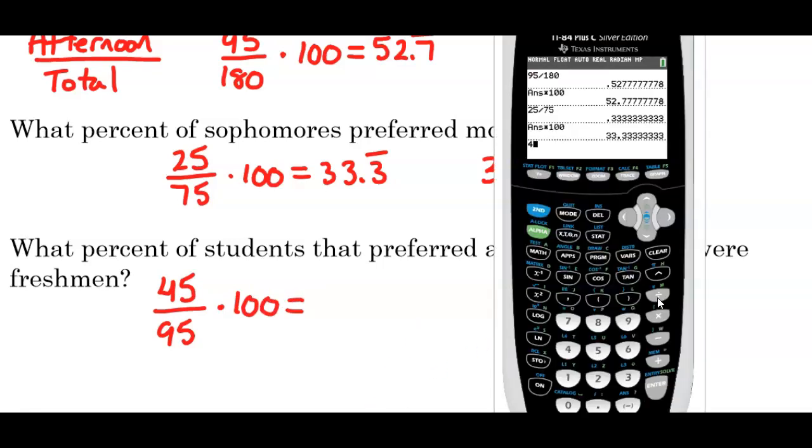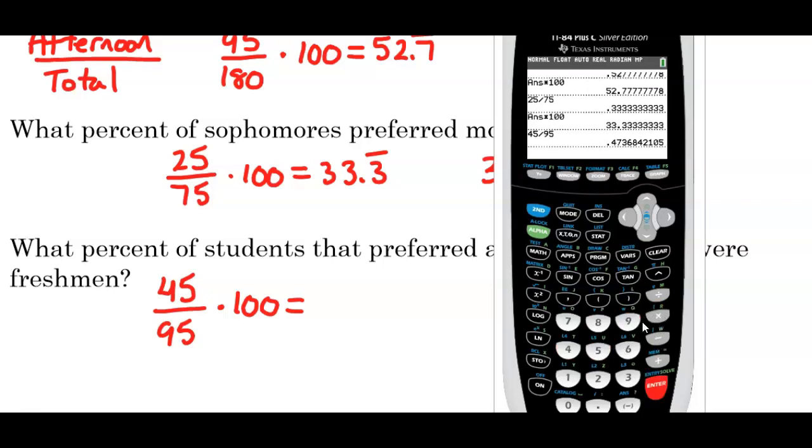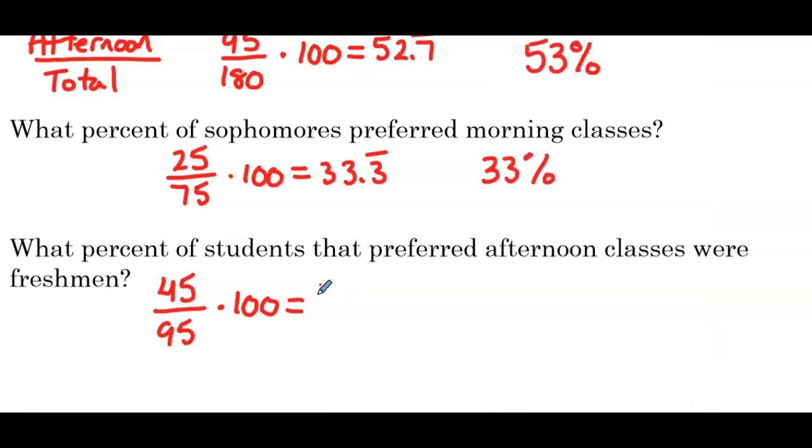So we have 45 divided by 95, and we'll multiply that by 100. So we have 47.3, and a few more digits after that. We'll round to the nearest percentage, so 47% of students that preferred afternoon classes were freshmen.